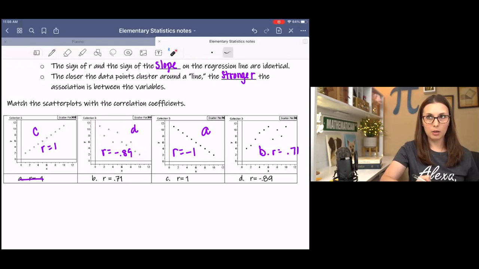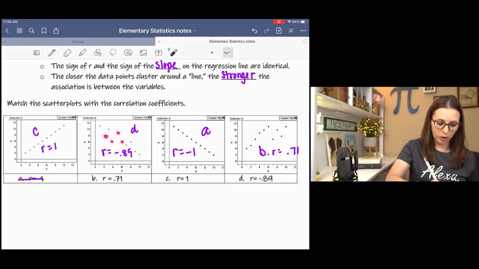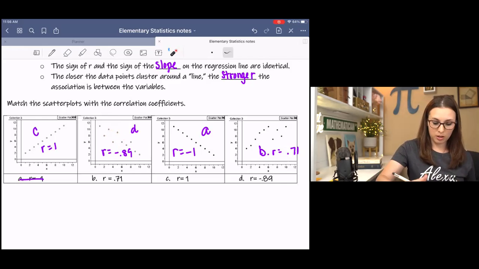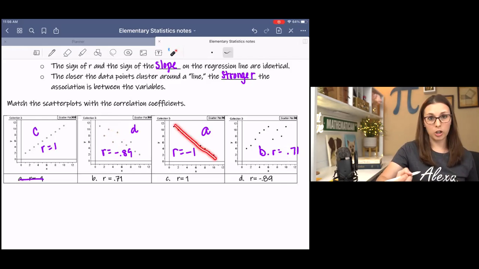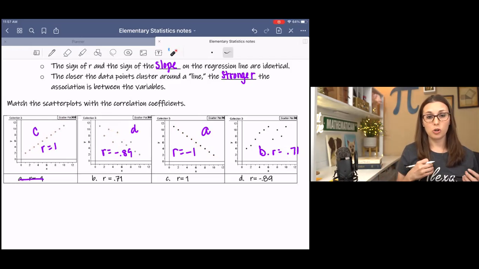And if our choices are coming down to 0.89 or 1, it more closely resembles 0.89 because there's a little bit of spread in the data points, whereas this one is a very strong linear relationship, negative. And then this one is a very strong positive relationship, which is associated with an r value of 1.